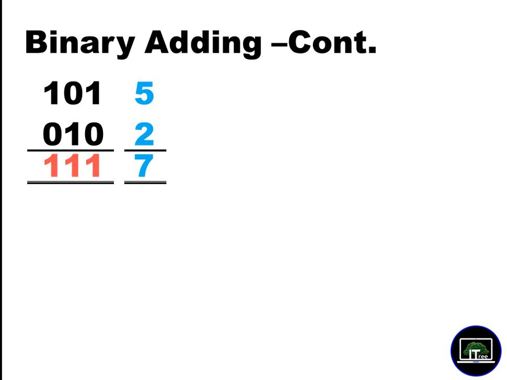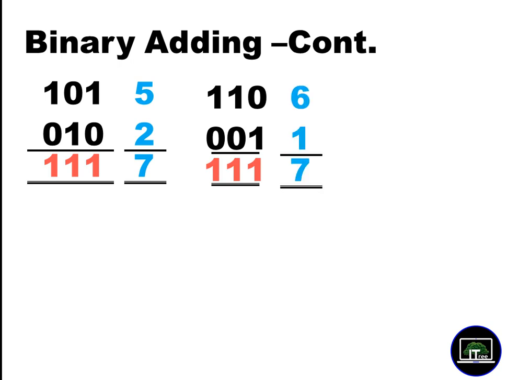This will guarantee your answer. Look at this one now. Yeah, 110 add to 001, something like this. If you say 110 is 6, 001 is 1, so this 6 plus 1 is 7. Look at this one now.